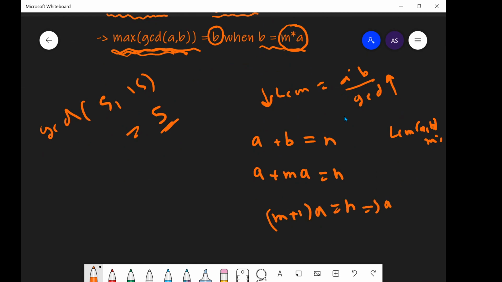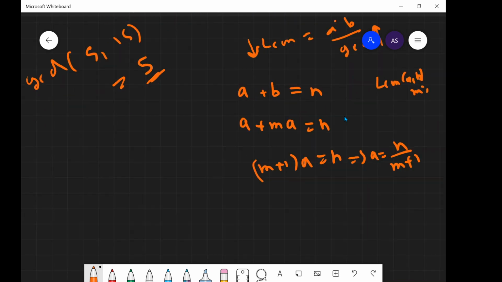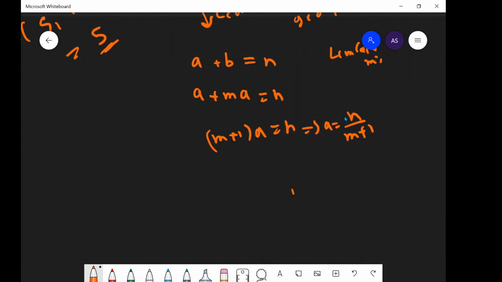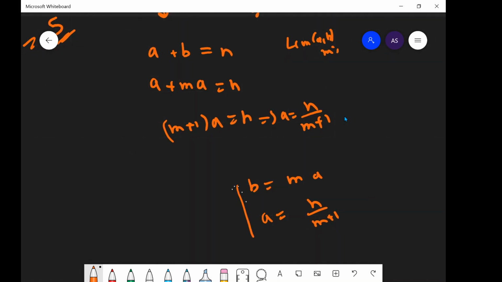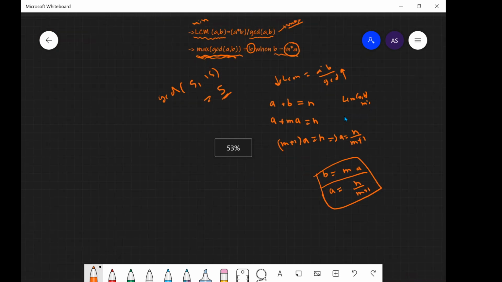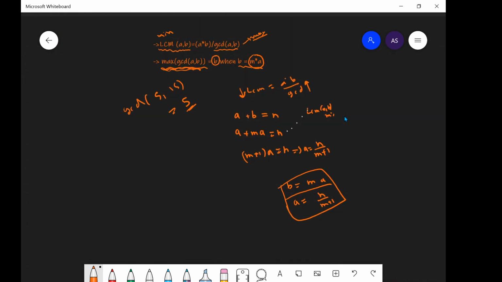This implies a equals n by m plus 1. So we have found a, and b is just m times a. These are the most optimal values of a comma b, which satisfy all these conditions: the LCM is minimum and their sum is n.